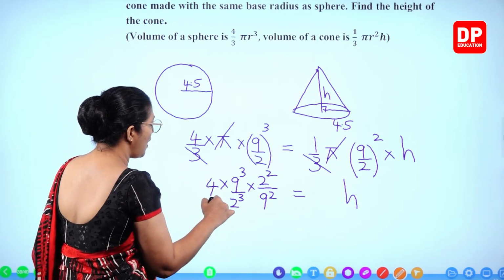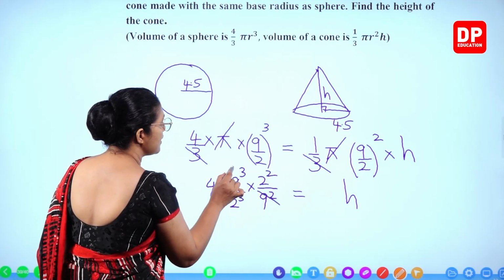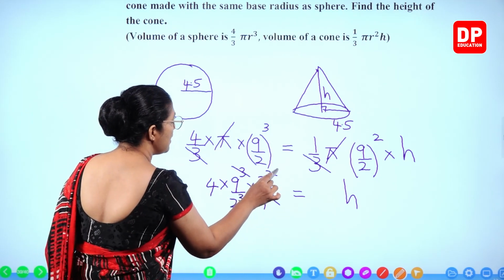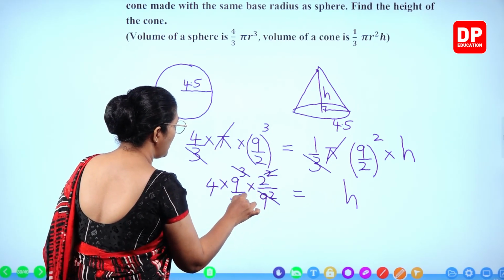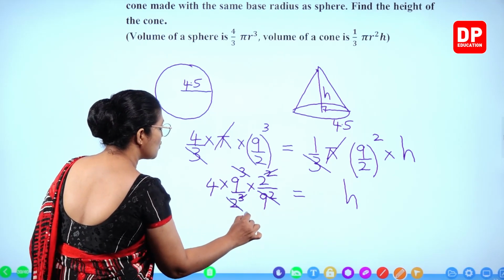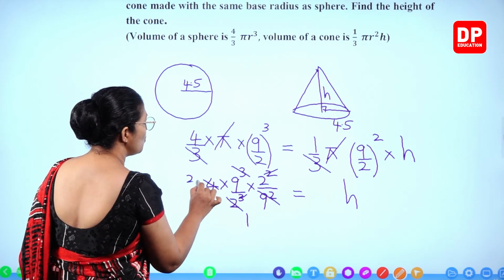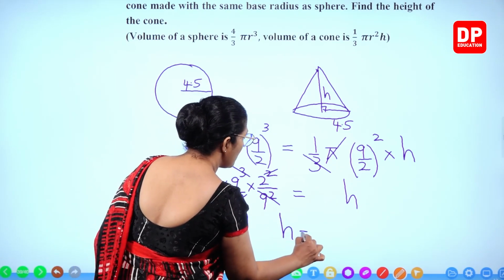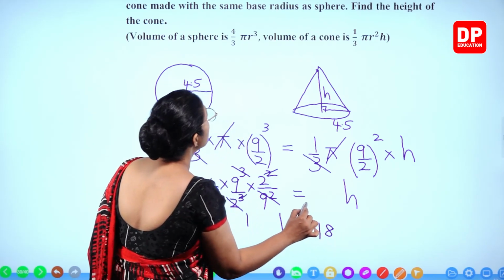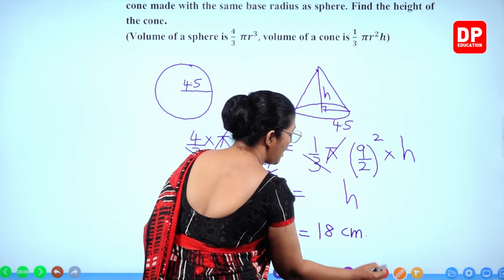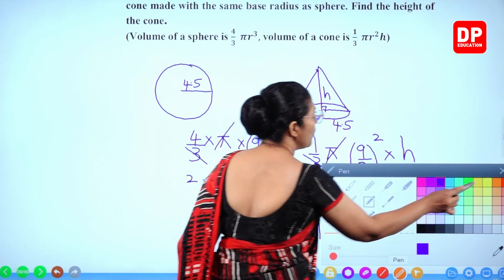Then when you simplify, 9 squared and 9 to the power 3 cancel out and you get 9. Same thing here: 2 to the power 2 and 2 to the power 3, you get 2 here. So what's the final answer? This is 2 times 1, 2 times 2, 9 times 2, 18. So h becomes 18. Is it centimeters? Yes, centimeters is the height of the cone.